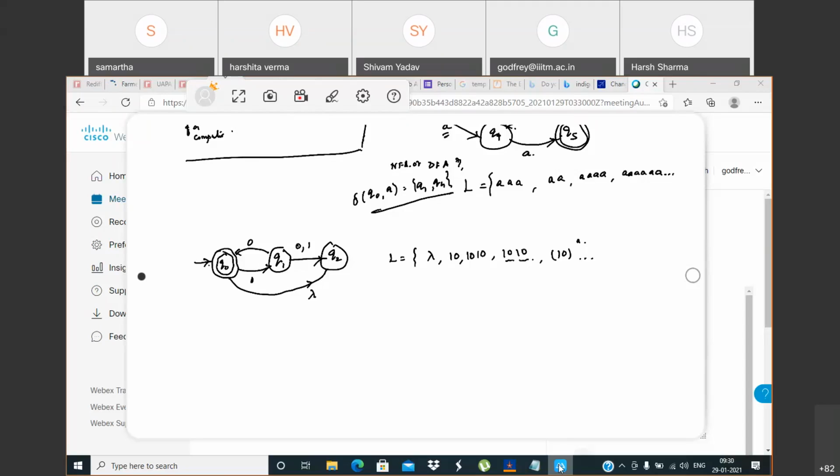Now, can lambda be a string of the language defined by the NFA?